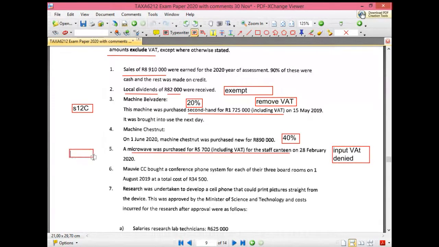Okay, so this is Section 11E, which is your wear and tear allowance. Now there is a specific rule that says if the amount is less than 7,000, I can deduct the full amount in that year, but I have to leave R1 for the tax value.